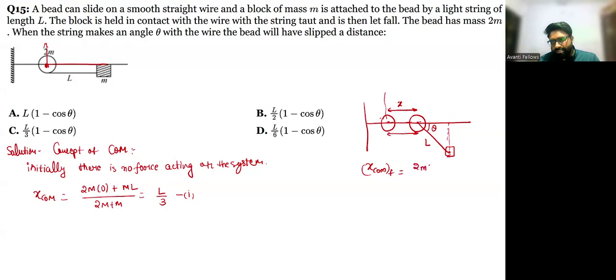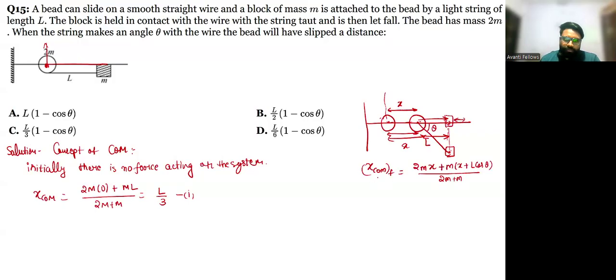So we can say this is 2m into x, plus the block, which has shifted from its initial position. Its distance from the origin is x plus this amount, which is the horizontal component of the string, so m into (x + L cos θ), divided by 2m + m.